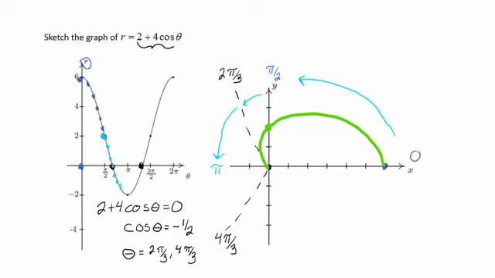And they're going to be getting longer until they're longest at an angle of pi, where they'd be at -2. But at pi, a radius of -2 would reflect about the origin to about right here. And so as we rotate from 2 pi over 3 to pi, our radius vectors get longer and longer, but in the negative direction. So rather than being in this second quadrant, they'd reflect to the fourth quadrant, and they'd be over here.